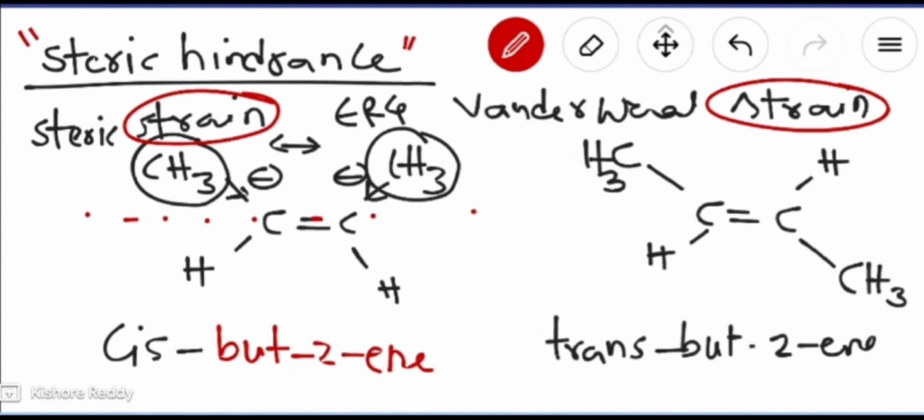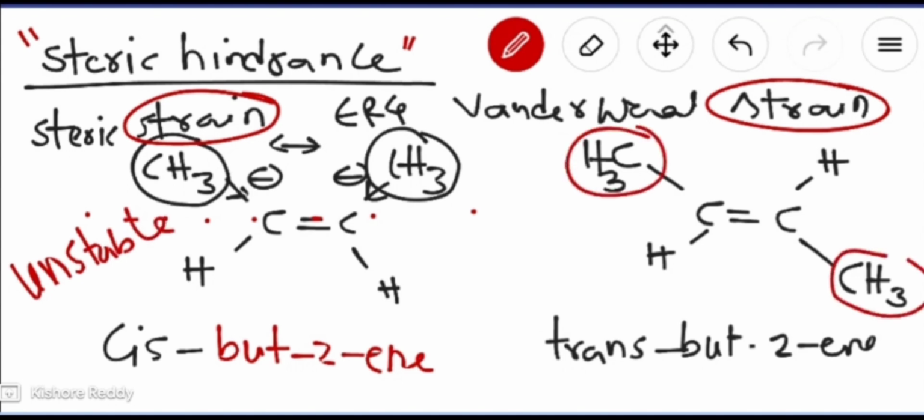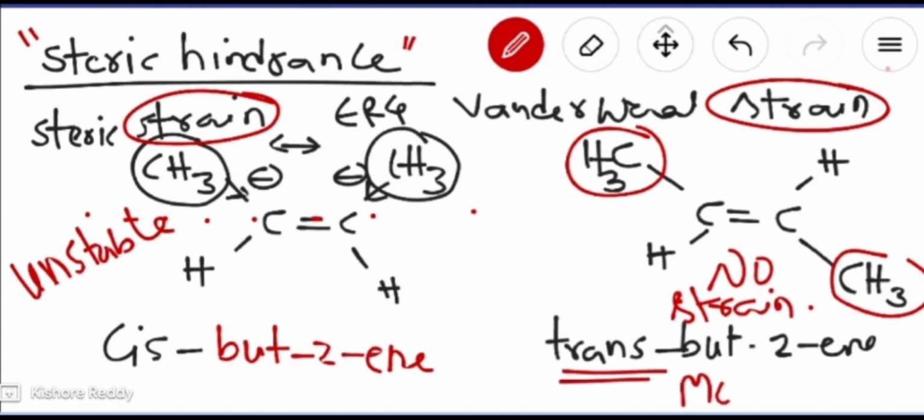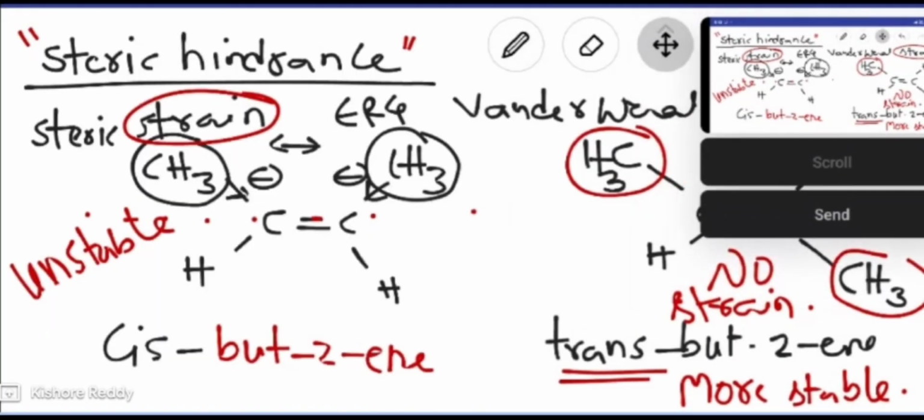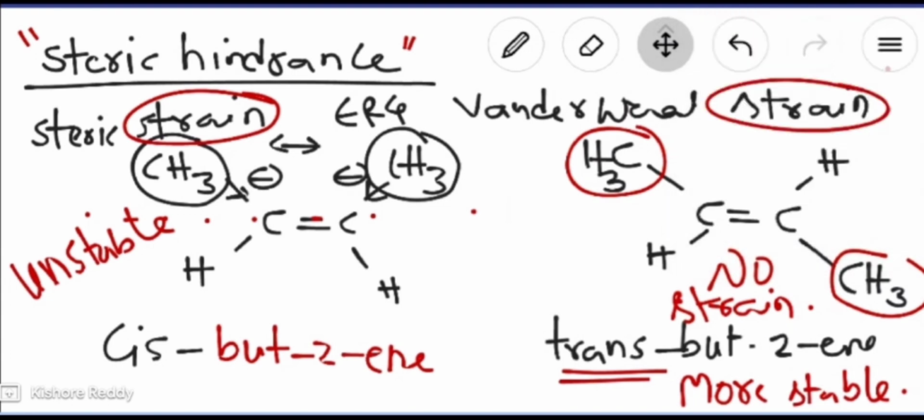If you have that, what happens due to the repulsions? This will be unstable. So reactivity will become less. But on the other side, if the bulky groups are far from each other, there will be very less strain, or there is no strain at all. Here there is no strain. Therefore, what will happen? This trans isomer is more stable. Okay, please understand the steric hindrance. Okay, why you will get the repulsions, all those things.